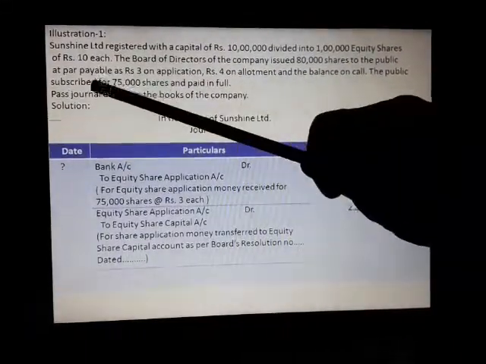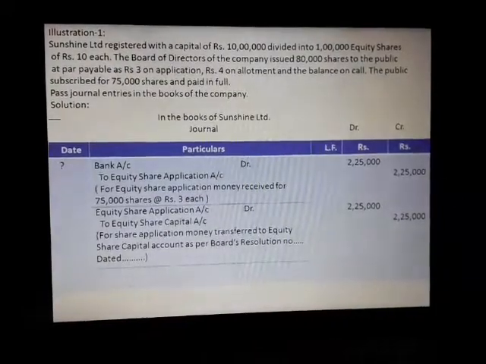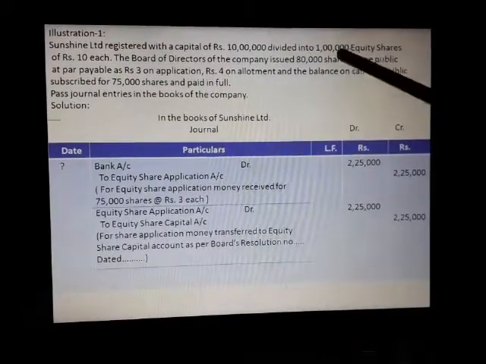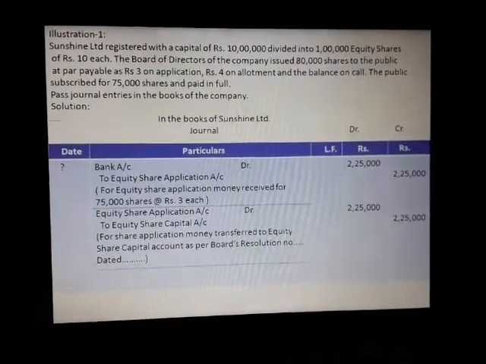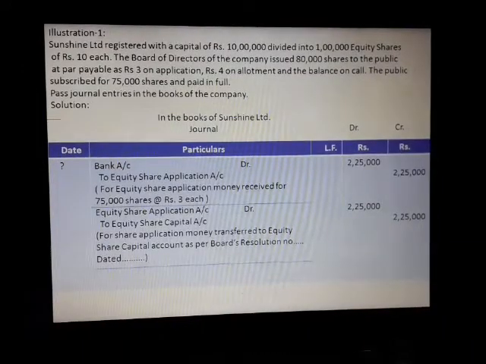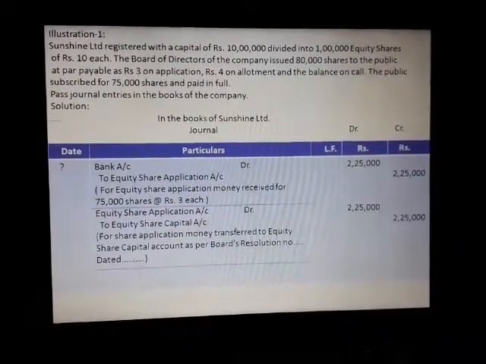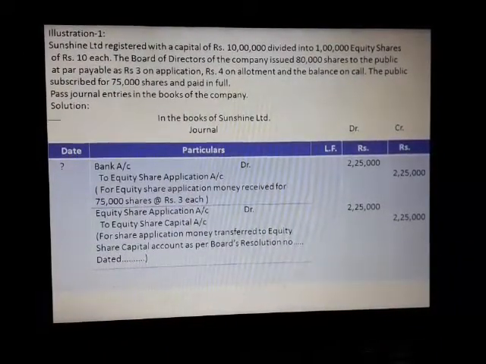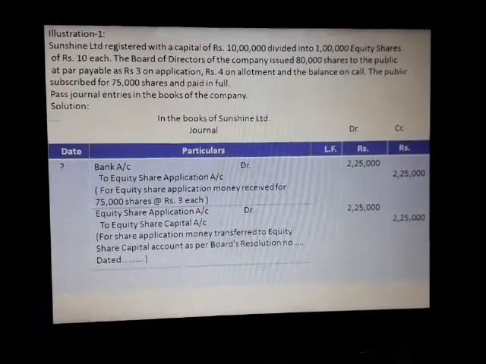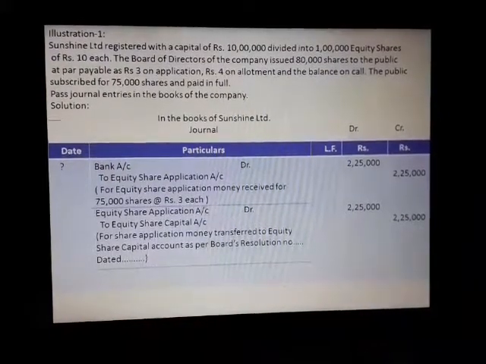The public subscribed for 75,000 shares and paid in full. That is, the company issued 80,000 shares, but the public only subscribed for 75,000 shares, that is, the public applied for 75,000 shares only. So, the company should allot only 75,000 shares, not 80,000 shares, to the applicants.